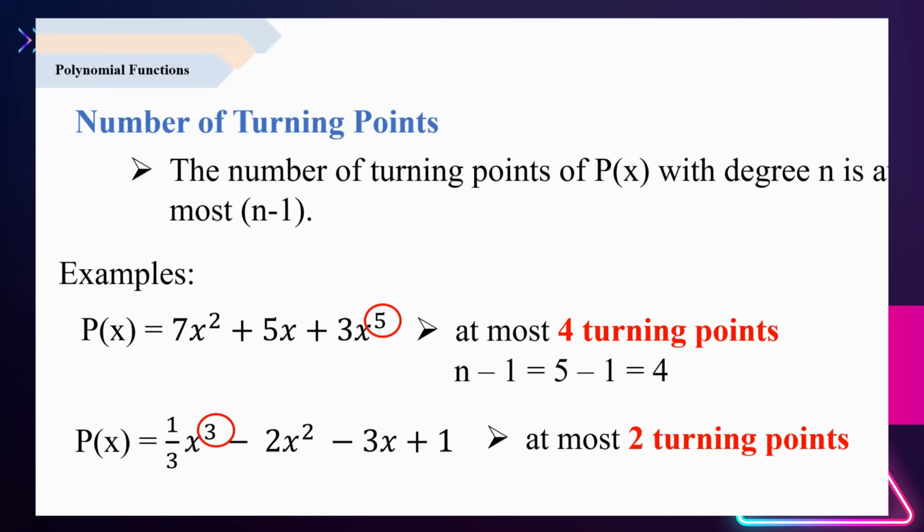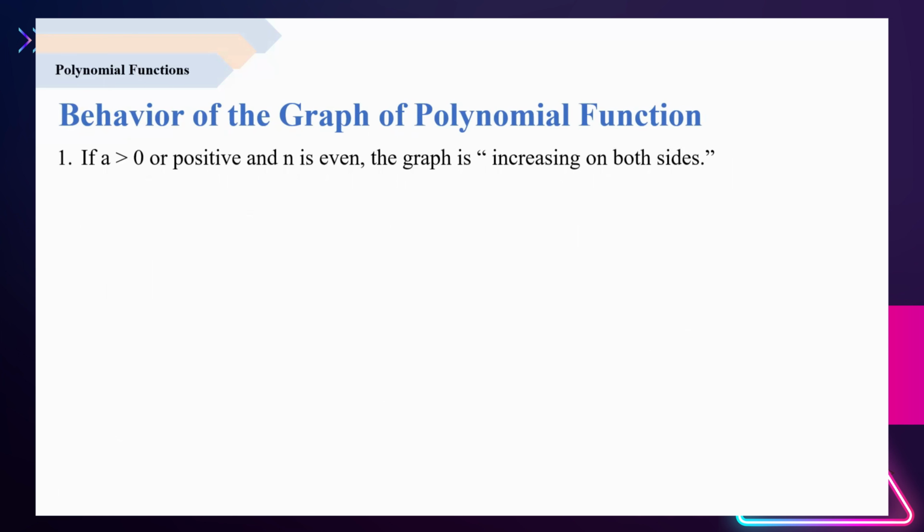Now, let us talk about the behavior of the graph of polynomial function. If a is greater than 0 or positive and n is even, the graph is increasing on both sides. Okay, so make sure din dito, before we identify the value of a and n, kailangan nakaayos muna ang ating polynomial function into standard form. Ibig sabihin, naka-arrange ang exponent from highest to lowest exponent.